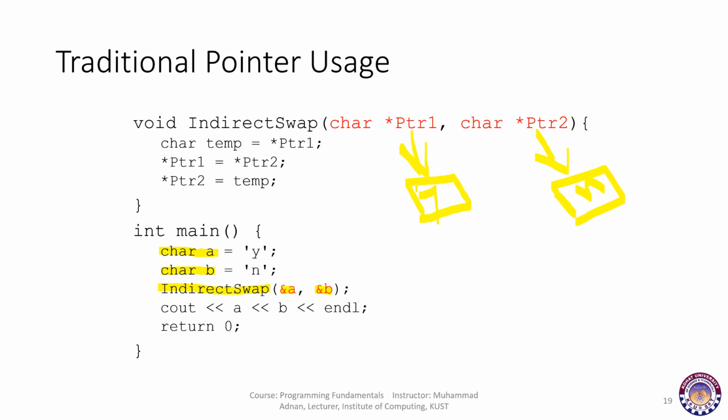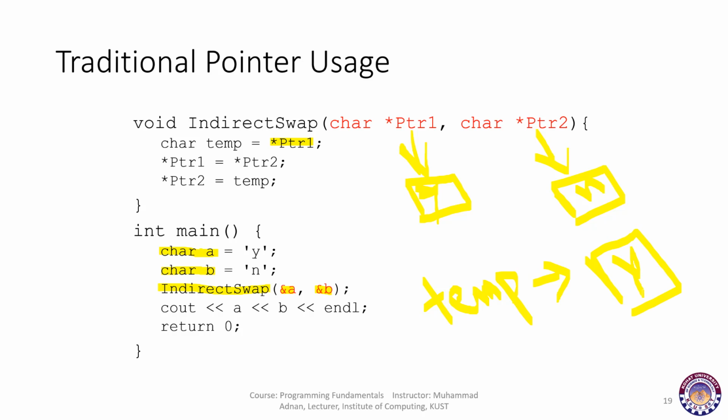Because we are swapping these contents, we take another variable called temp. First, using the dereference operator, we get the value pointed to by ptr1. So ptr1 is pointing to y, and this value is now assigned to the temp variable.